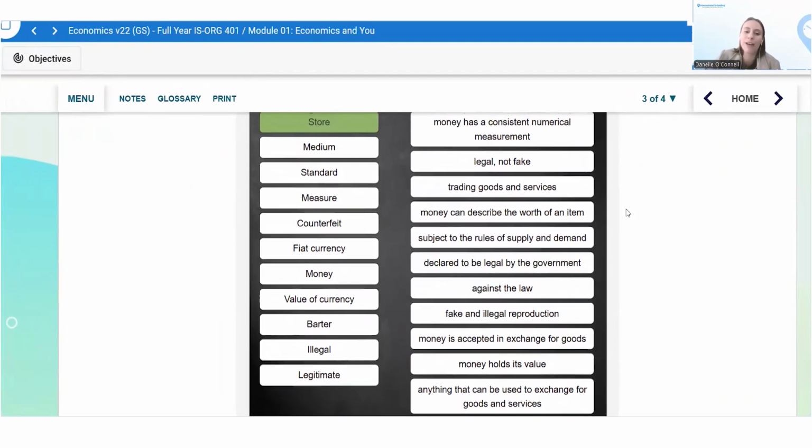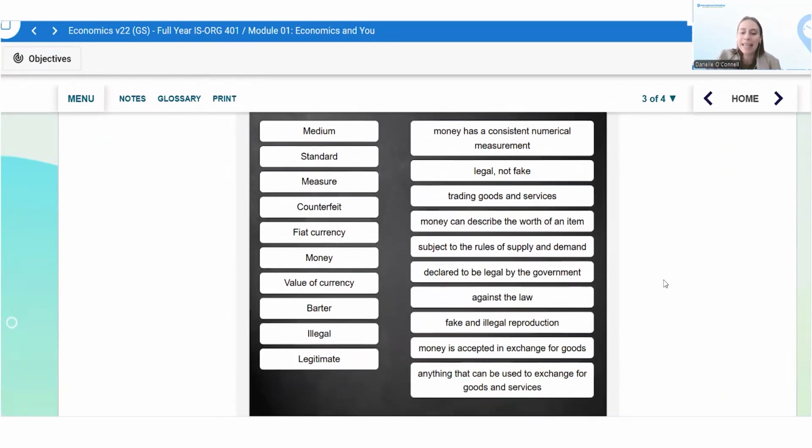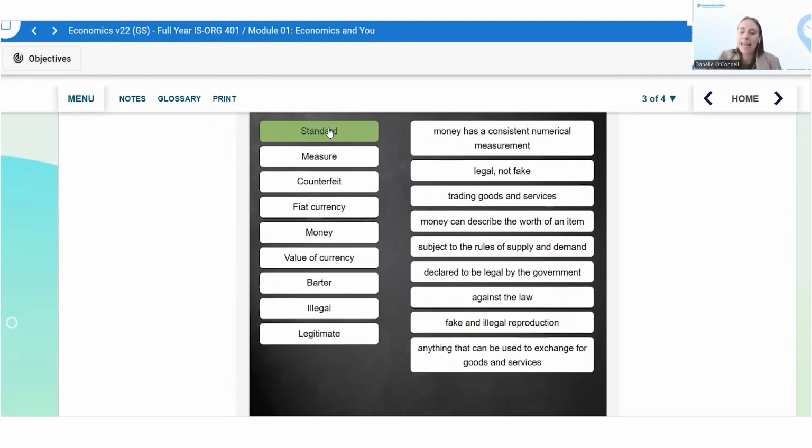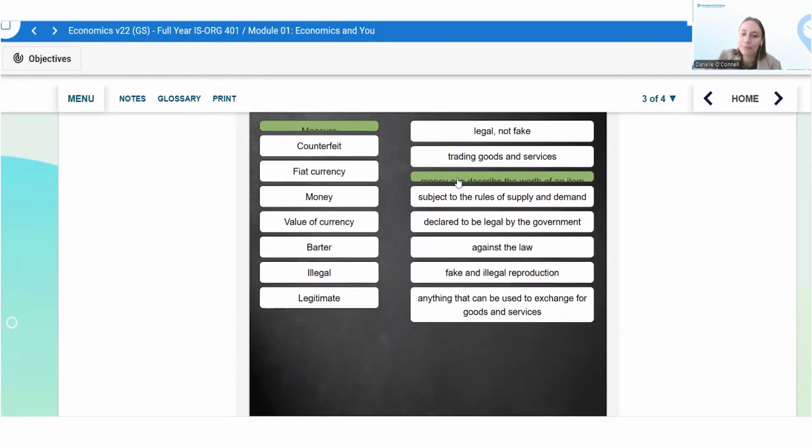There we go, I found it. Money holds its value. Then a medium. What do you think medium is? A medium of exchange. Money is accepted in exchange for goods. Standard. Money has a consistent numerical measurement. Measure. Money can describe the worth of an item.